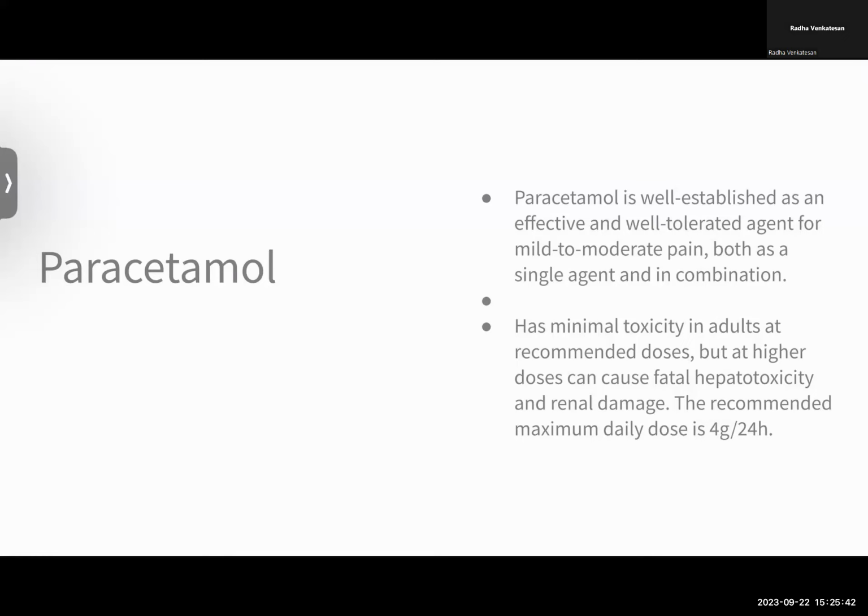But the maximum dose in one day is 4 grams in 24 hours, because they can take it every 4 to 6 hours. So you need to know the dose each time and also the maximum allowed dose per day. Both the general toxicity and the maximum dose I have explained.